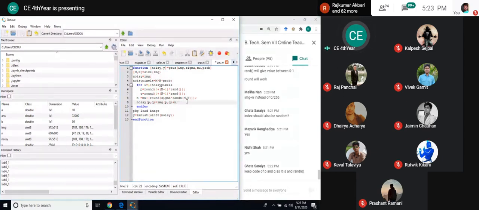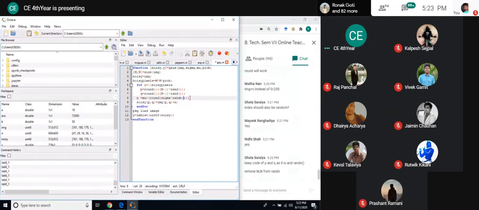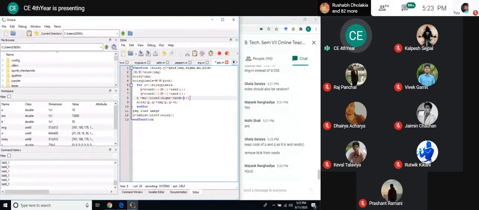Now what is the change here? What should be the change here? If I remove m n, then what should I write here? Just random n, it will work. Or should I write 1 1? n will be a single value.